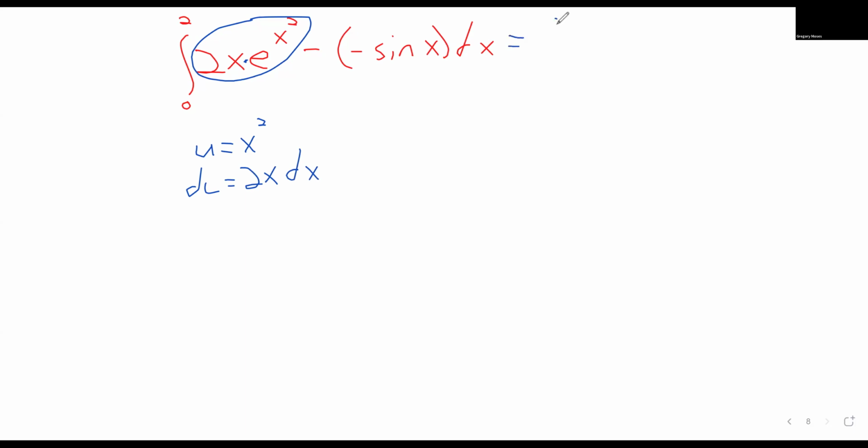So in a problem like this, before you do anything else, you need to use the linearity of integrals. The fact that when you have addition or subtraction inside of an integral, you can split the integral up.